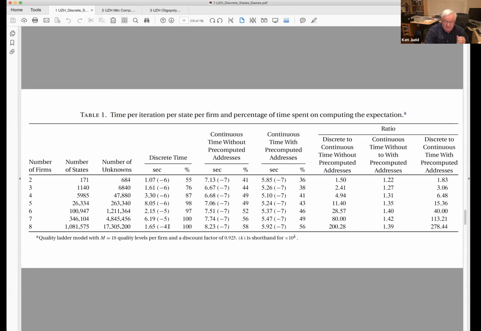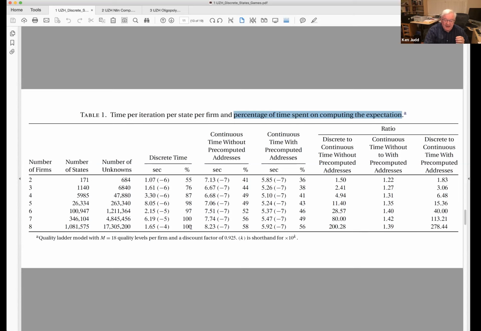Now, what's this percentage? This is the discrete time model, and this is the continuous time model. Basically the percentage is the percentage of time spent on computing the expectation.